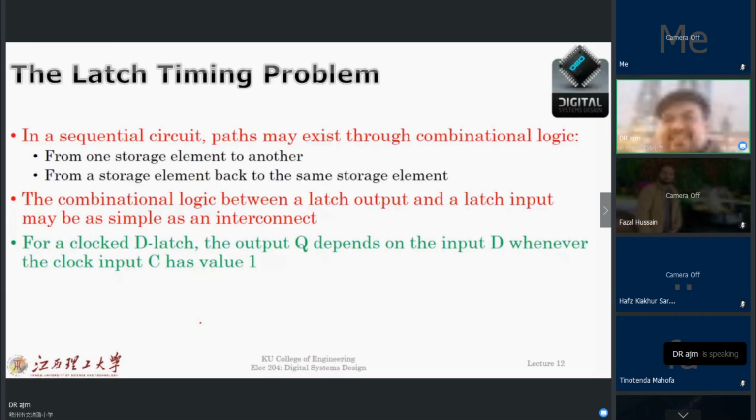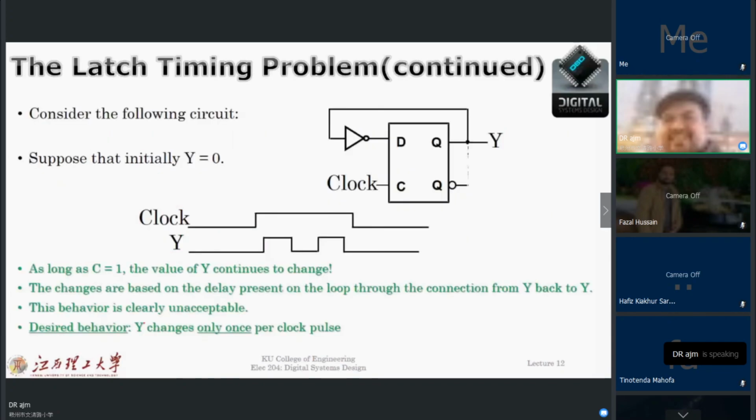The combinational logic between the latch output and the latch input may be as simple as an interconnect. For a simple D latch, the output Q just depends on the input, whether the clock input C has some value, as we saw here.